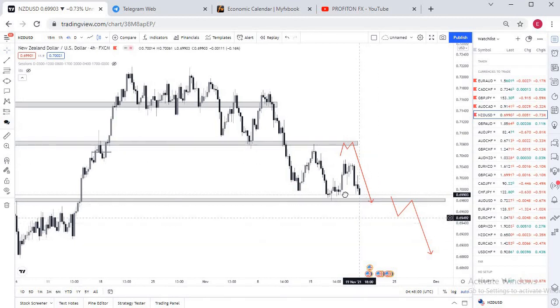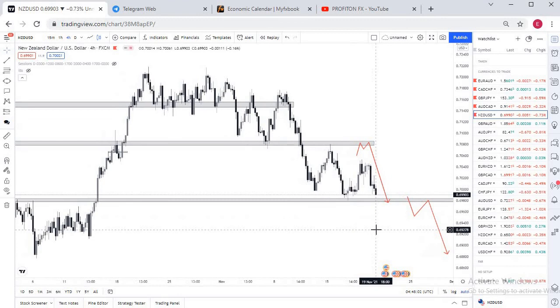However, the most likely to happen in this case is a break and retest off of this level here. So that's what I'll be watching out for, a break and retest off of this level, and then I'll be looking to go short after getting a confirmation. So that's it for NZD dollar.